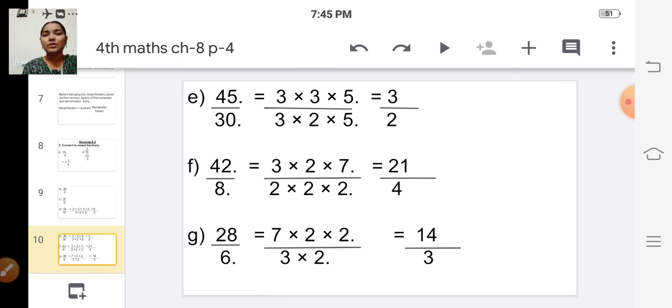Okay, so if there are any common factors, first we should cancel out the common factors. Then only we have to divide the numerator by the denominator, and we should write in that format. What is the format? Quotient, remainder by divisor. Quotient as whole number, remainder as numerator, divisor as denominator. In that format you have to write to get a mixed fraction.